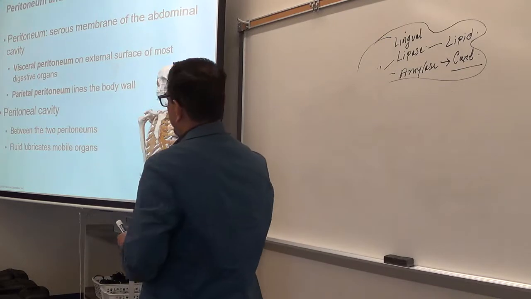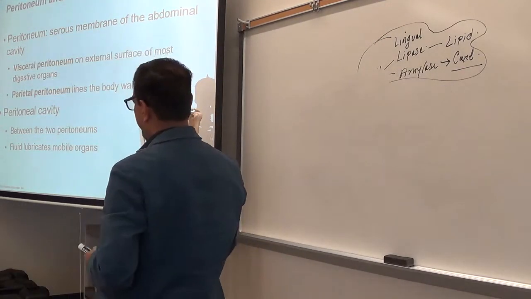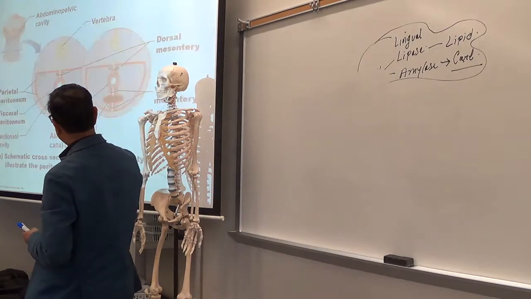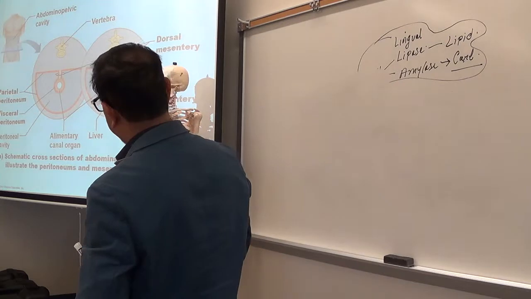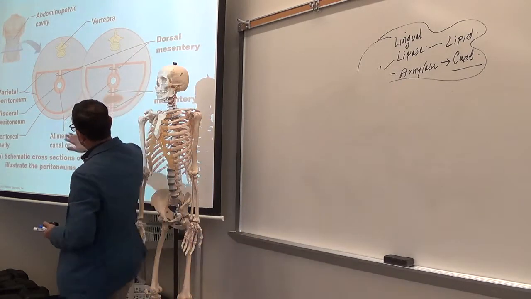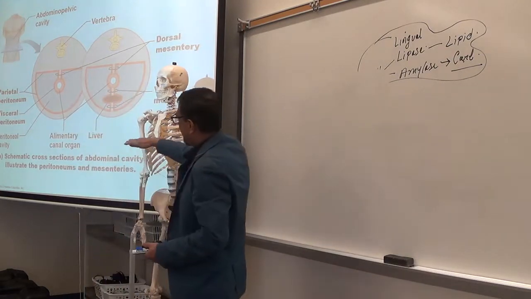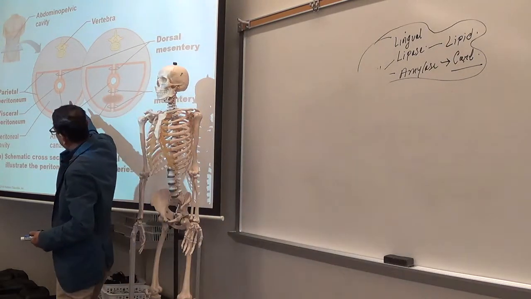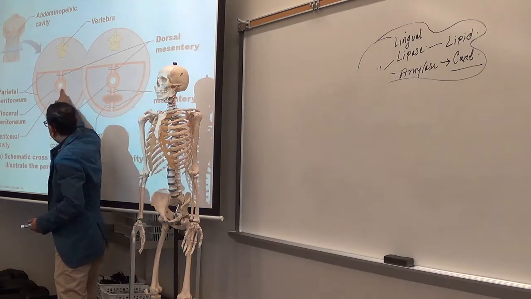There's two layers, visceral and parietal, and the cavity between those two. Here you see the same picture I did draw. This is at one level section where you have the small intestine, for example.